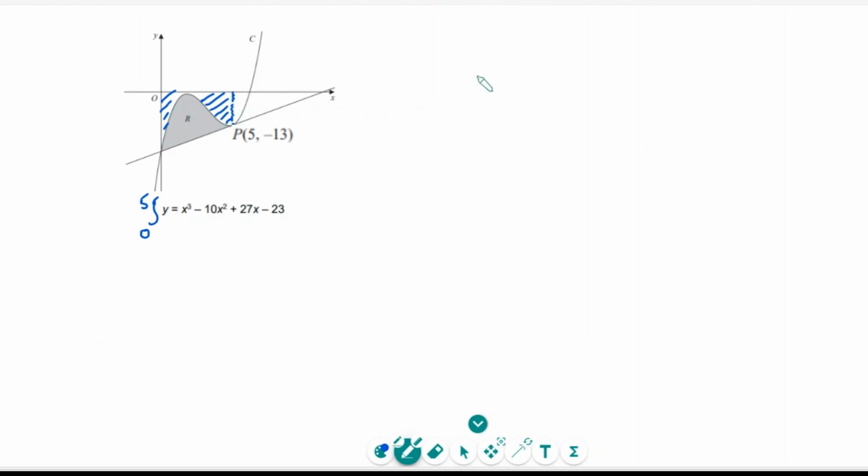If you look clearly, you have a trapezium here with lengths. This length is minus 13, so this is 13. This length given in the question, missing here, is 23. So this bit is 23. And the height of this trapezium, which is the horizontal distance or the x value, is 5.